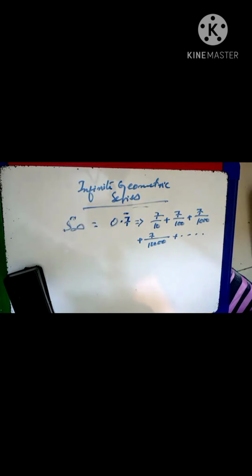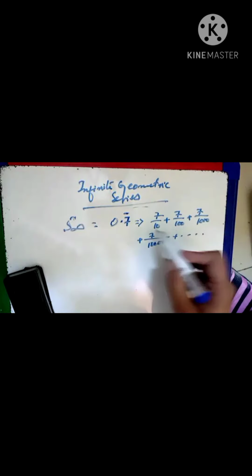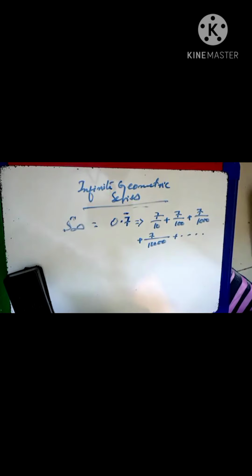So in this case, this is a very minute value, but we need to calculate the sum till infinite, and this is called a recurring number. This recurring number can be found by using the formula S infinite. There are some other ways also.